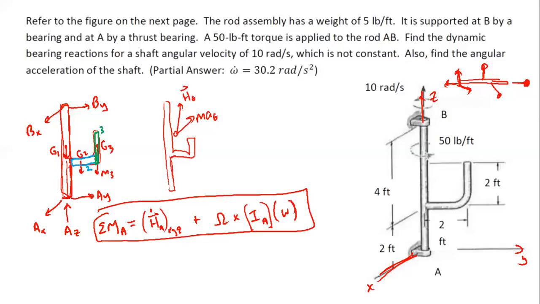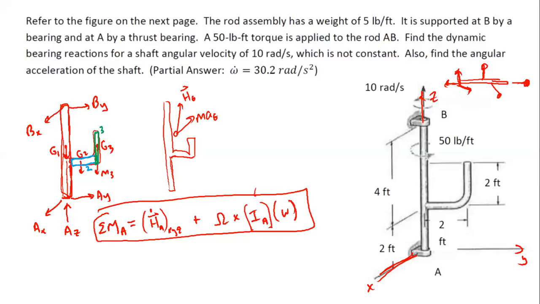Then I would put my axes up there. So this inertia tensor, this I_A, is not going to be just principal axes. It's going to have some other terms in it as well. So in fact, let's look at this.